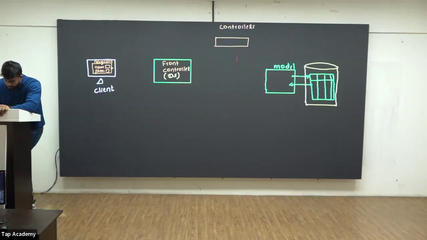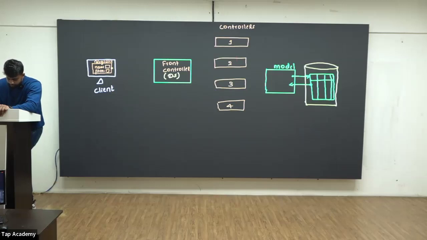Good. Who is he, sir? He is controller 1. Good. He is controller 2. Awesome. He is controller 3. Awesome. He is controller 4. Like this. Watch it. Sir, what are these controllers, sir? Let me tell you. See, this controller is for register.